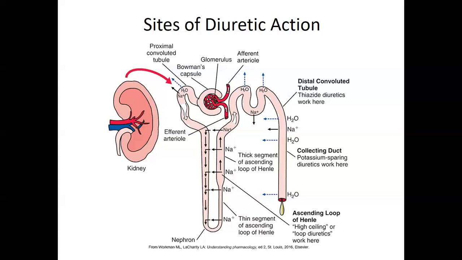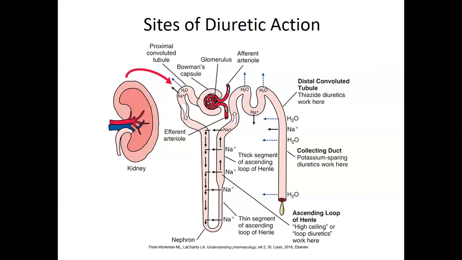And again, just remember your different groups. You have your loop diuretics, you have your potassium-sparing diuretics. Always look at the uses, the common effects, the adverse effects, and the expected side effects. Your expected side effects would be urinary frequency, dry mouth, anything that can lead to dehydration, like lightheadedness.